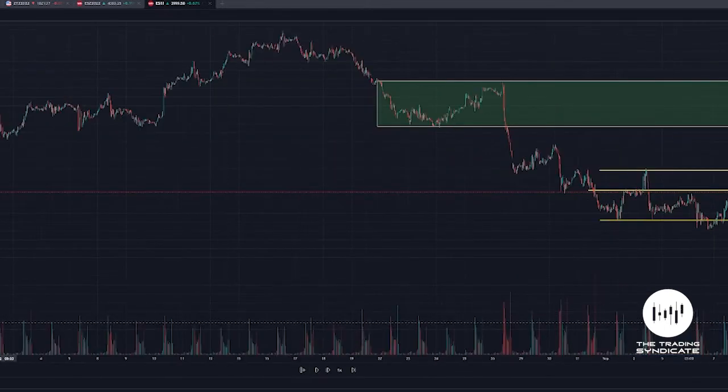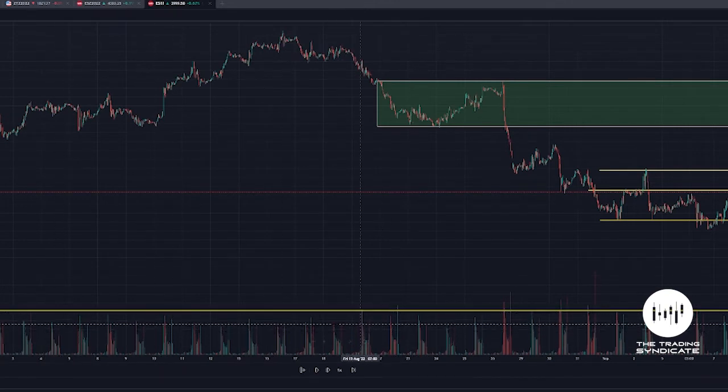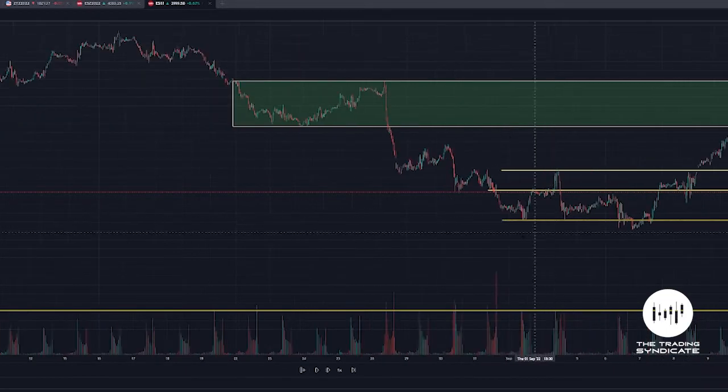So as you can see, we have relatively consistent volume right through basically months of price action until these candles here.